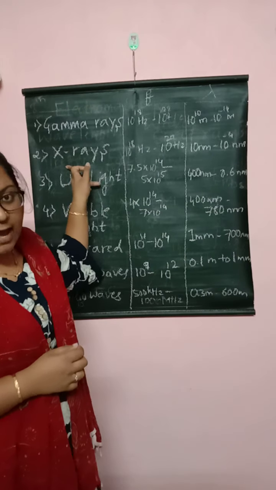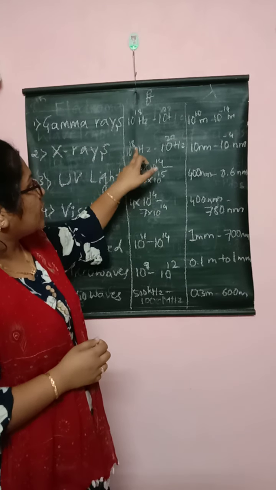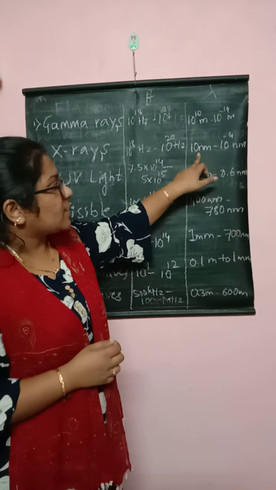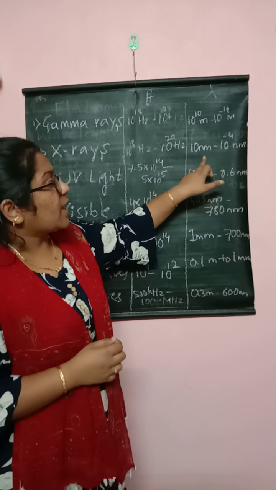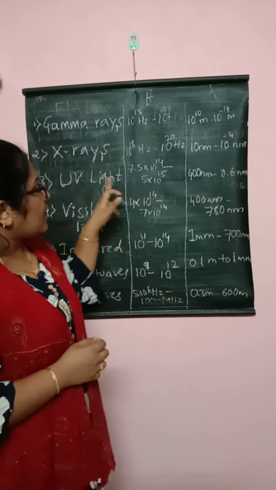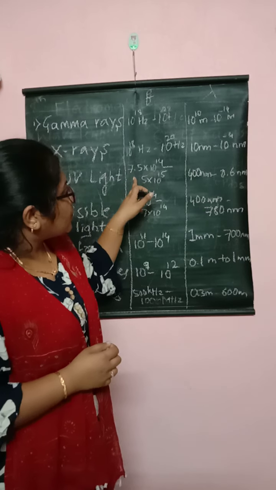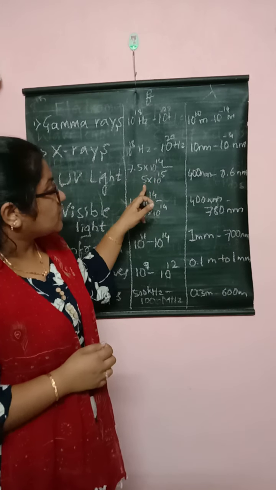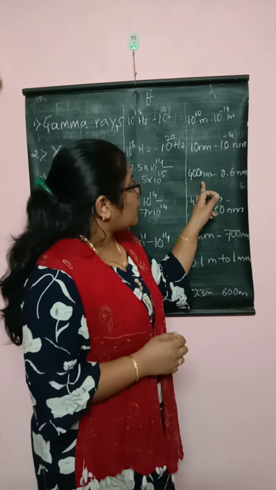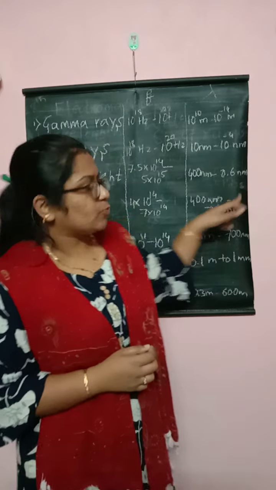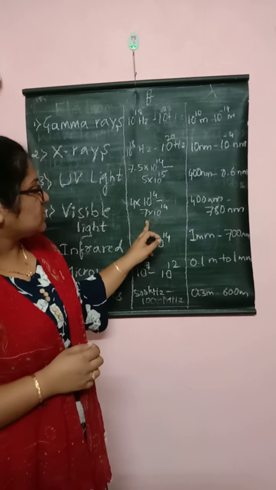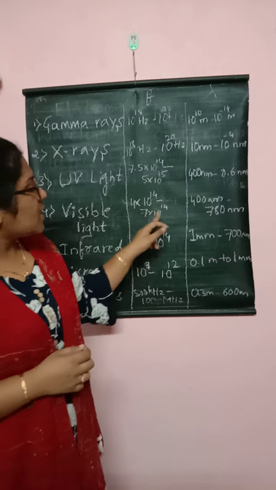The X-rays have a frequency 10 raised to 18 hertz to 10 raised to 20 hertz, and a wavelength 10 nanometer to 10 raised to minus 4 nanometer. UV light has a frequency 7.5 into 10 raised to 14 hertz to 5 into 10 raised to 15 hertz, and wavelength 400 nanometer to 0.6 nanometer.